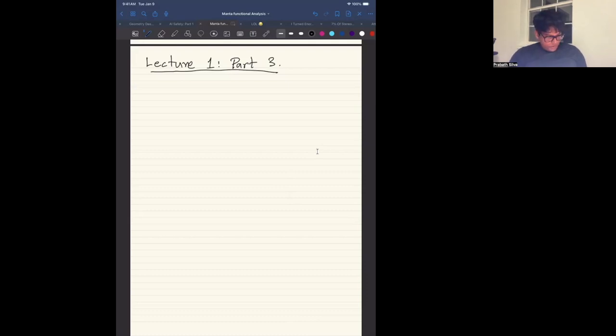If you're dealing with only two elements, or n elements, then we write this, A in F. We write this thing as A1, A2, dot, dot, dot. And similarly, we write this.